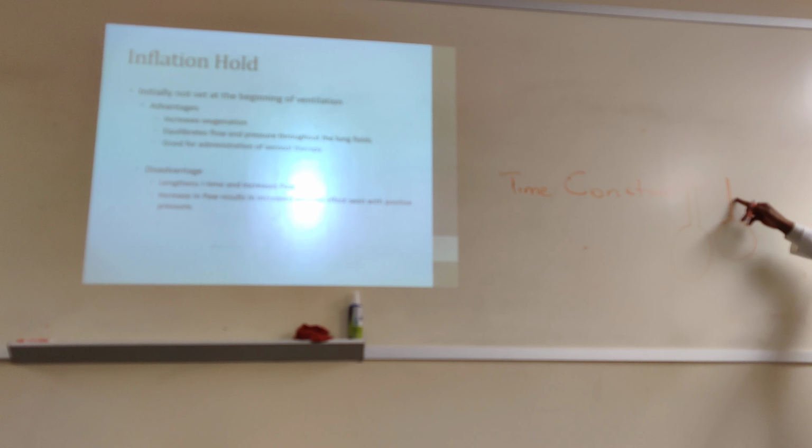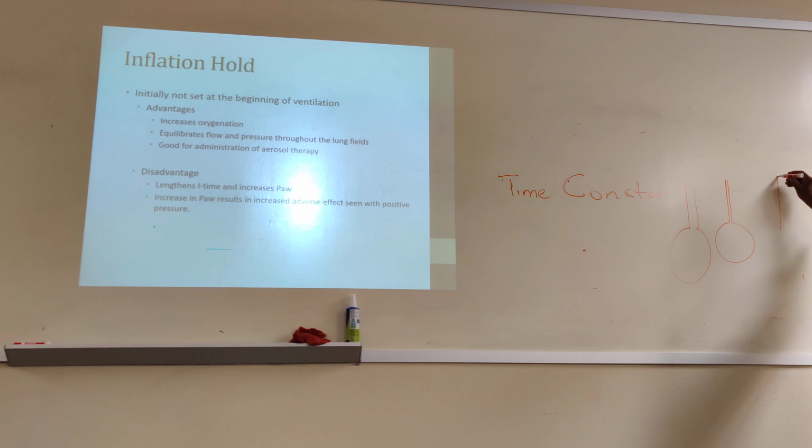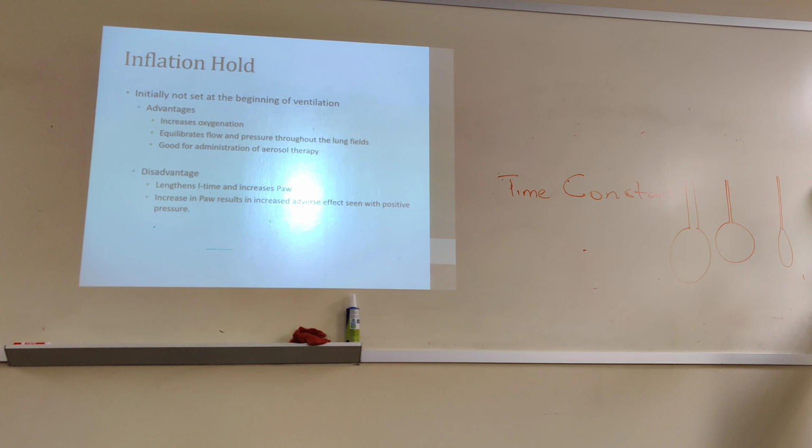See, the resistance here is high. You may have one that has high resistance and low compliance. You may have one that has low resistance and high compliance. So each one of them may vary a little bit.